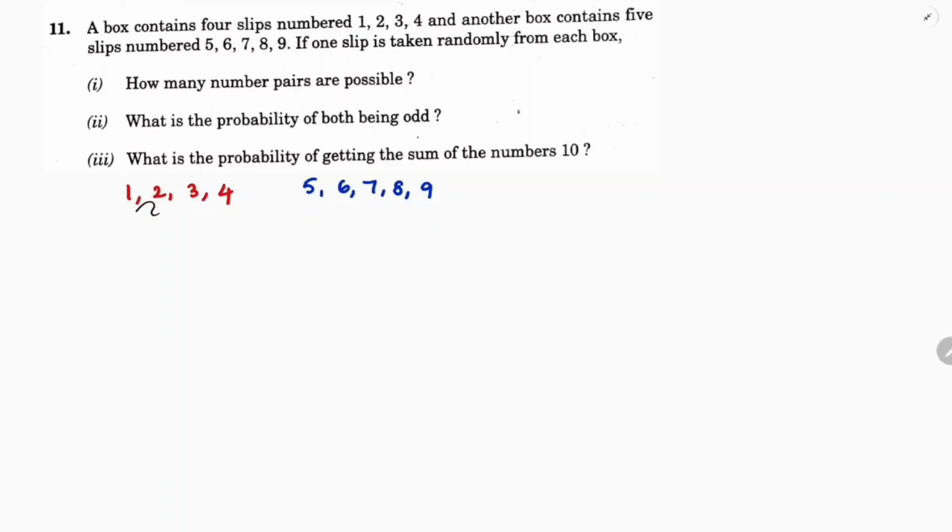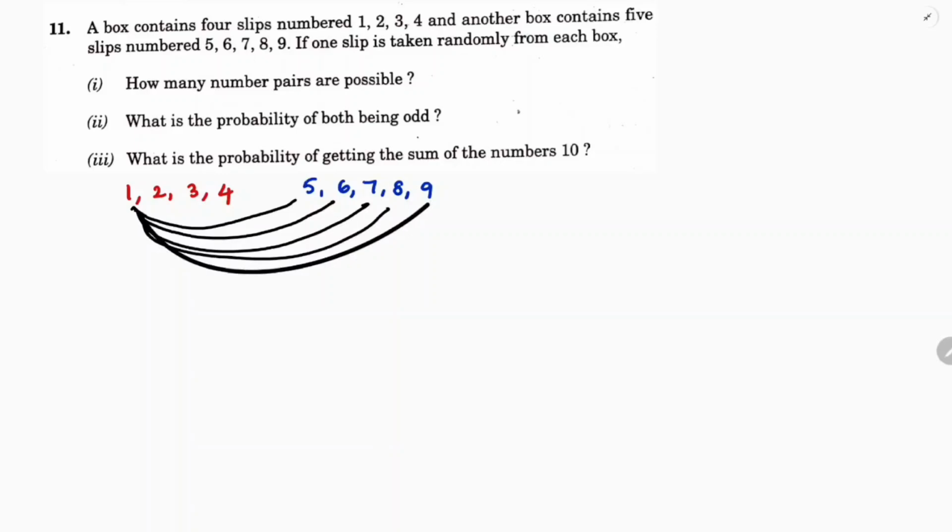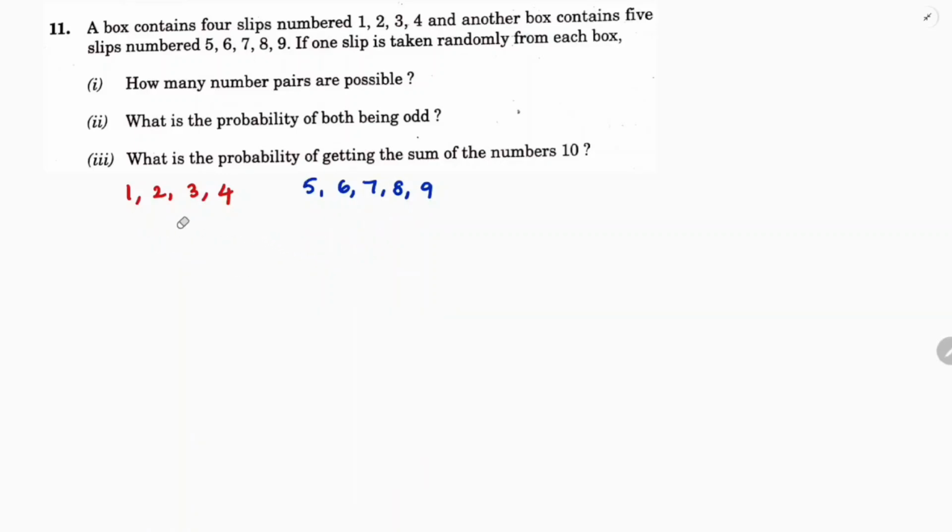Now you need to pair like this: 1, 5, 1, 6, 1, 7, 1, 8, 1, 9. Then again with 2, 2 with 2 they are possible, like 2, 5, 2, 6, 2, 7. In this way we need to write all the possible numbers. First with 1: 1, 5, 1, 6, 1, 7, 1, 8, 1, 9.